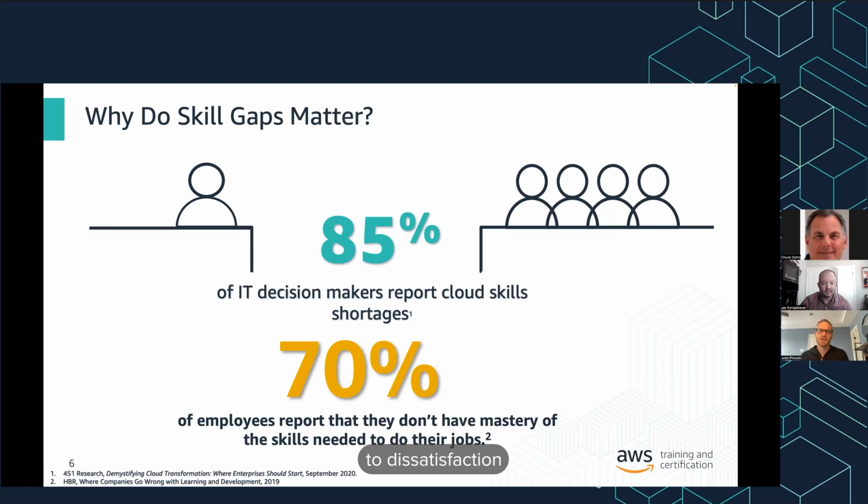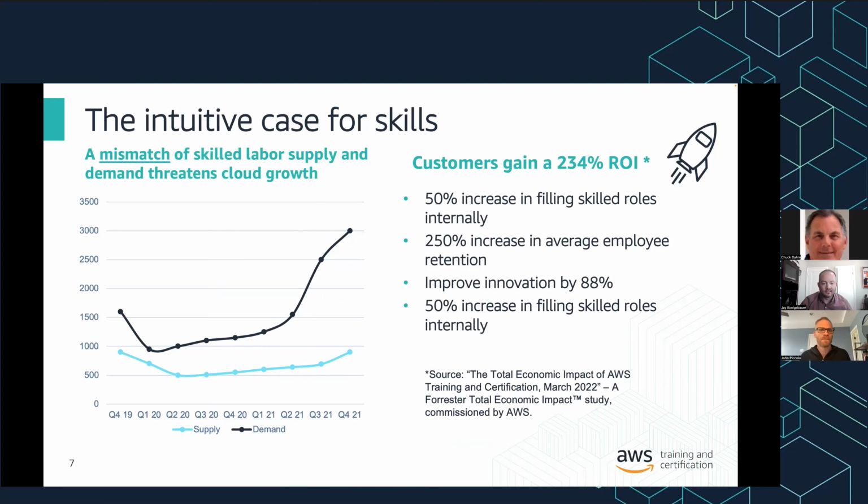This ultimately leads to dissatisfaction with their current position in the organization, maybe apprehension to do certain things, to innovate, and to drive cost savings across your organization. And so it's incredibly important when we think about skill application as a way to optimize organizational efficiency, drive operational excellence, and improve your cost exposure.